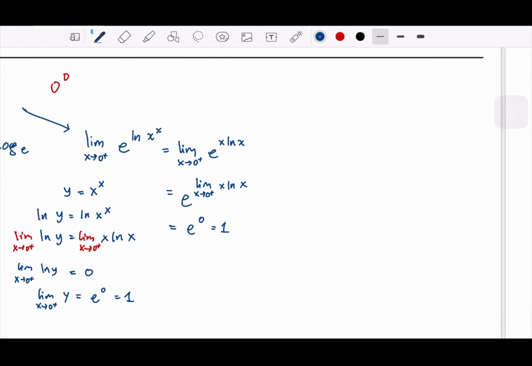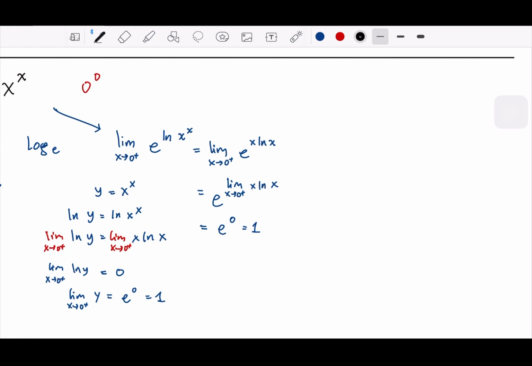So the general form, if you have f of x with power of g of x, you can take e and then g of x ln f of x.